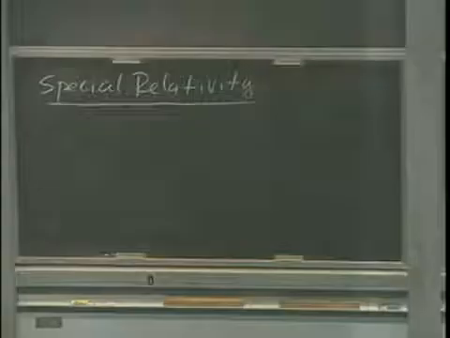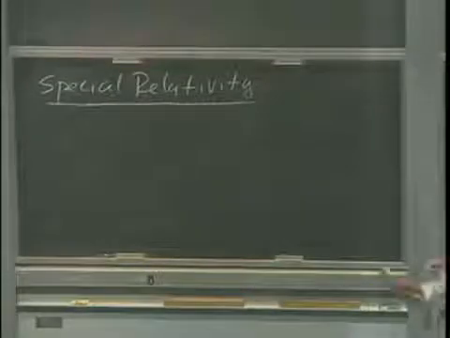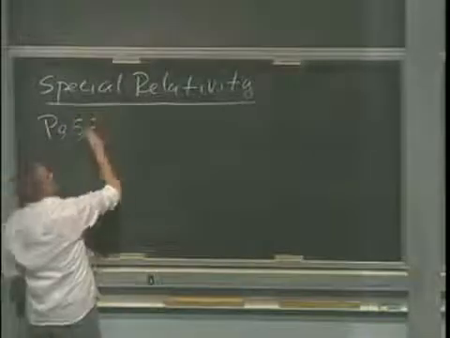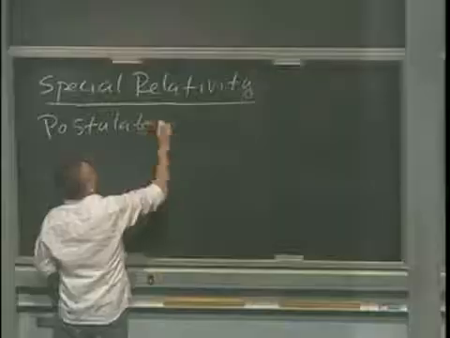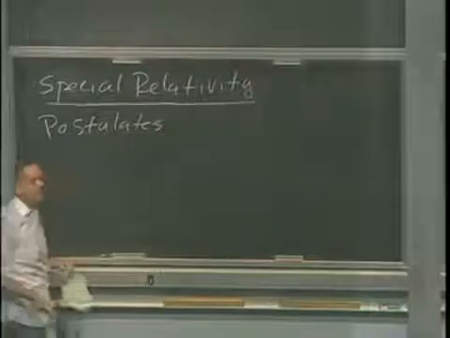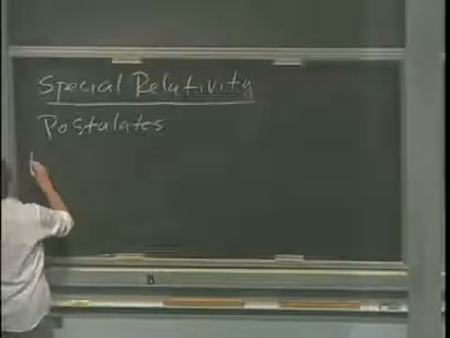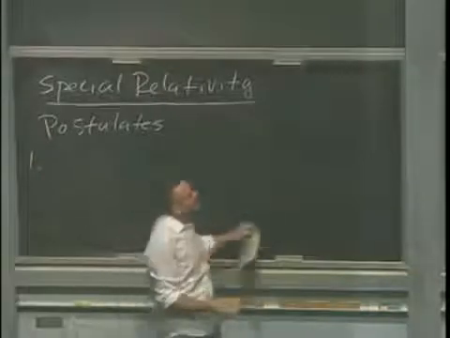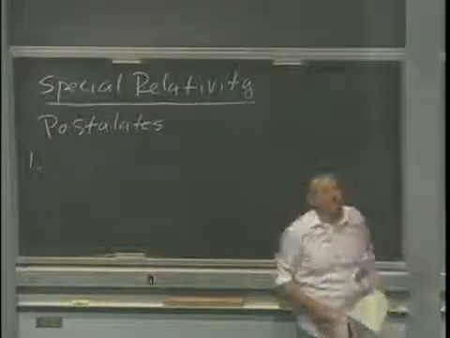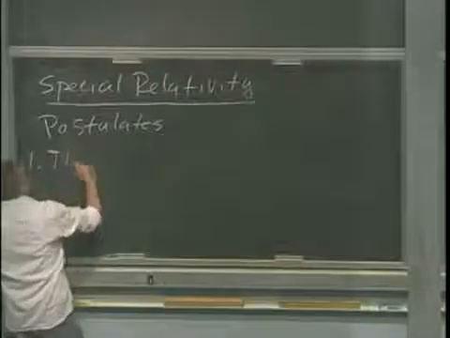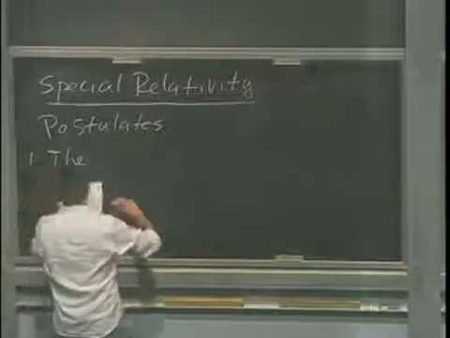Okay? He made postulates, and those postulates, of course, had to be proven or disproven. Right? But his postulates that went into the law of special relativity, there were 2 of them. The first is the exact same postulate that was made for classical relativity, and that is that the laws of physics are the same in any non-accelerating frame of reference.